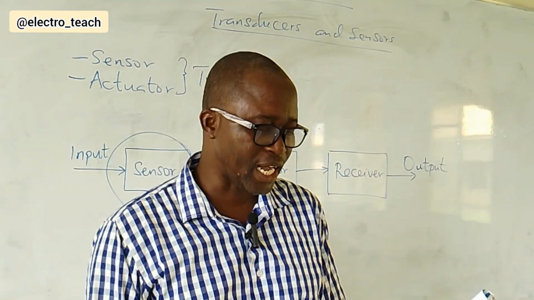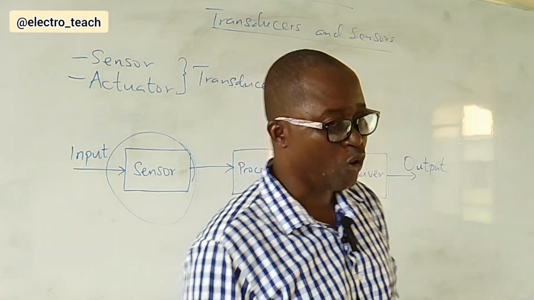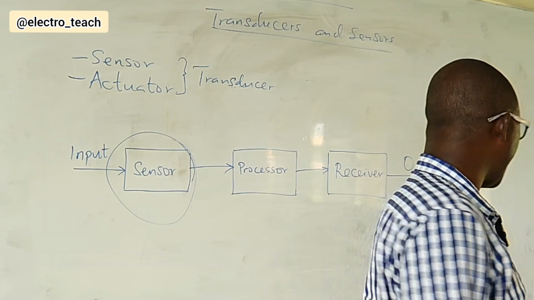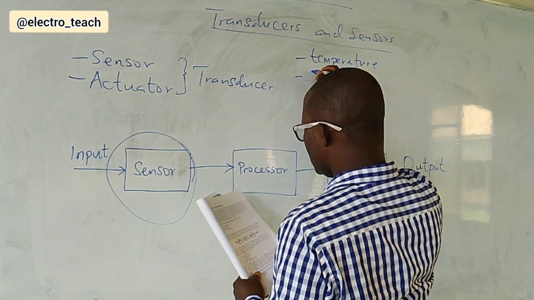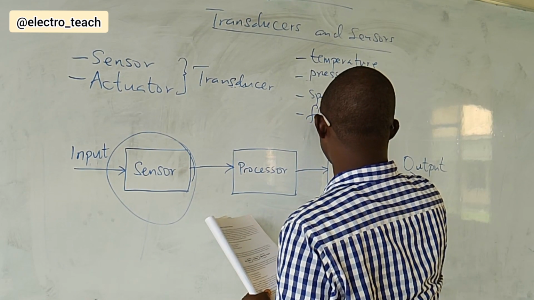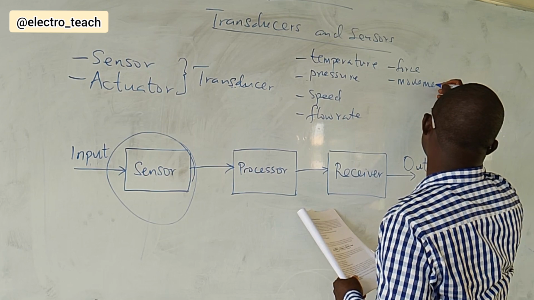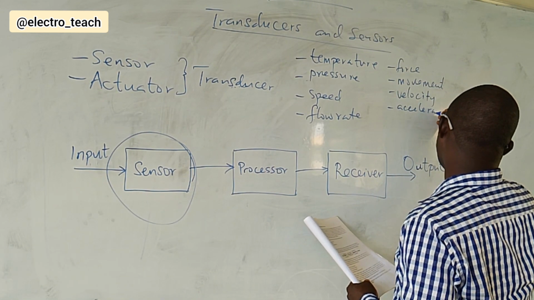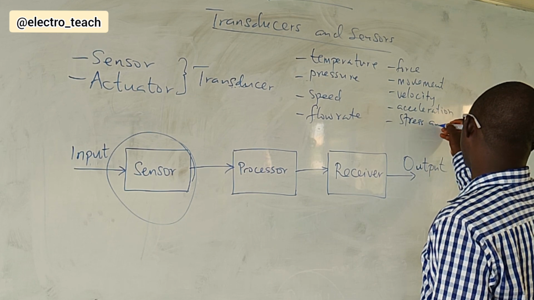So we have quantities such as temperature, pressure, speed, flow rates, force, movement, velocity, acceleration, stress and strain.